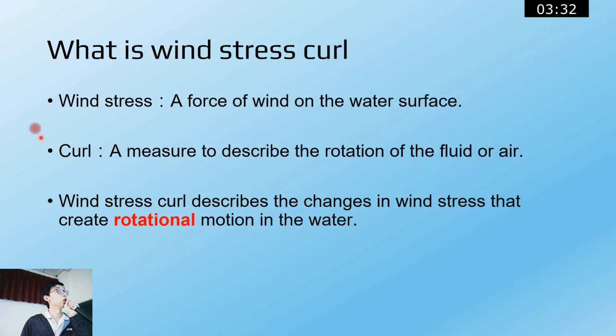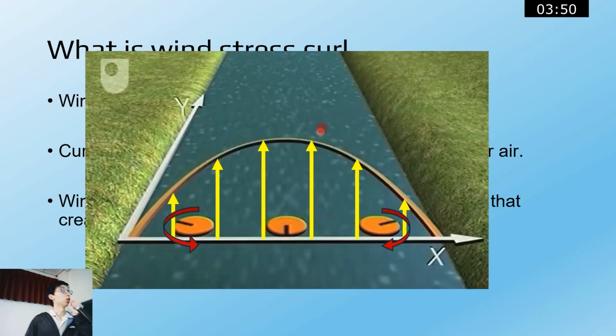And what is curl? Curl is a measure to describe the rotation of the fluid or air. It is similar to vorticity, but a little different, and it is caused by velocity difference.